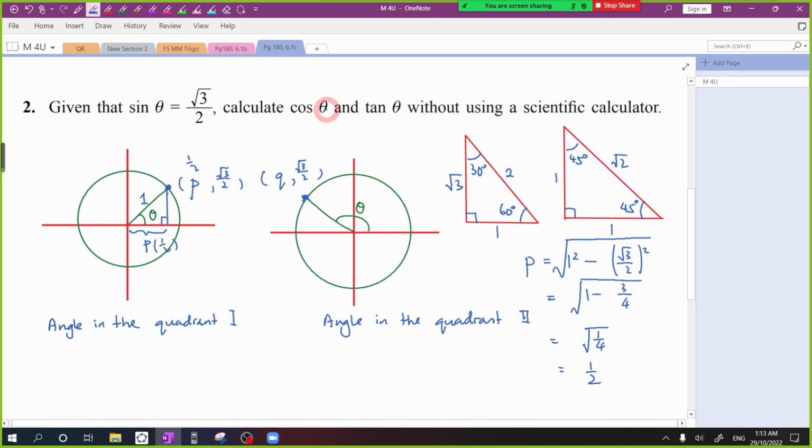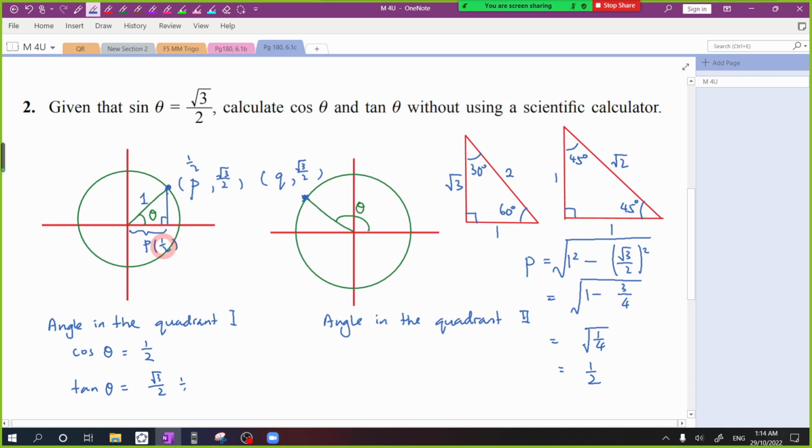Now can you get the cosine theta and tangent theta? Should be no problem, right? Let's do the first quadrant first. Cosine theta is the x coordinate, so cosine theta is equal to 1 over 2. Tangent theta is the y coordinate divided by the x coordinate.